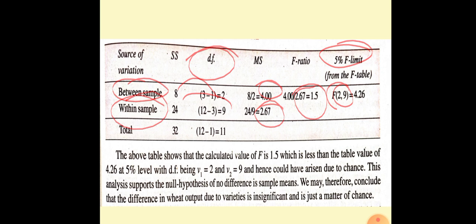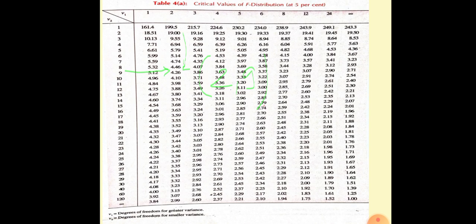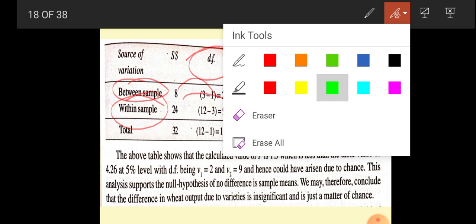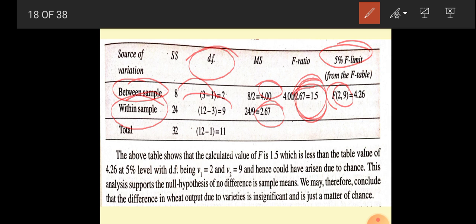When we have got the F ratio, our value is 1.5, and for the 5% F limit we have got 4.26. The calculated value is less than the table value 4.26 at the 5% level with degrees of freedom v1 is 2 and v2 is 9, and hence the difference could have arisen due to chance. This analysis supports the null hypothesis.